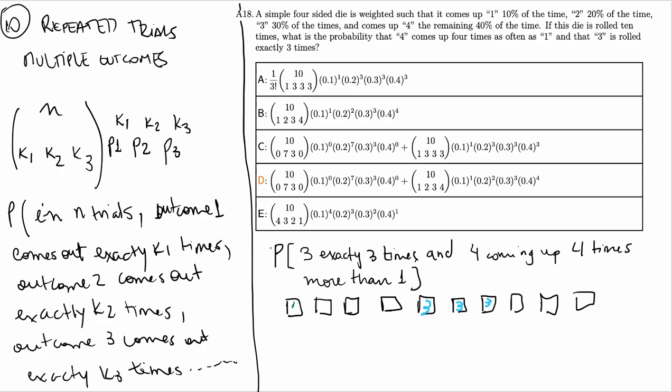Meaning that if 1 happened 1 time, what should happen with 4? It should appear 4 times. So it would appear 4, and then here 4, 4, and 4. This is a situation that interests me, okay? What other situation could happen that has this rule? Well, let's see.